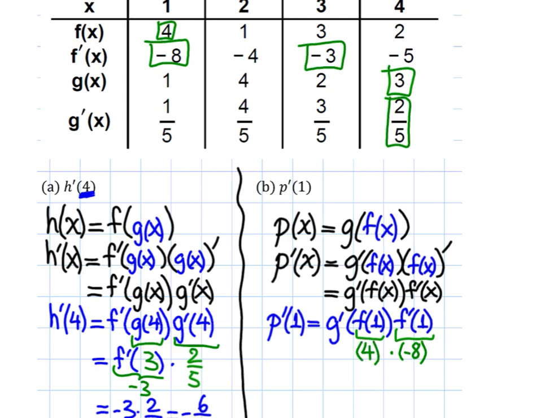And we still have the derivative of g at 4. Right. The derivative of g at 4 will be also 2/5.